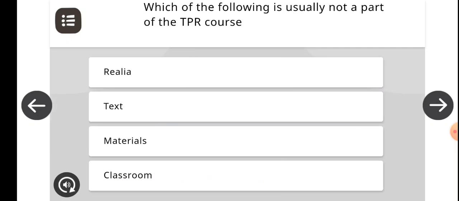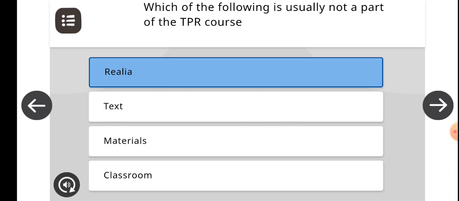Next, which of the following is usually not a part of a TPR course? Before answering this question, we should understand what TPR is. TPR means Total Physical Response, a language teaching method used to coordinate speech and action. So in the following answers, we need to find out which is not part of the TPR course.